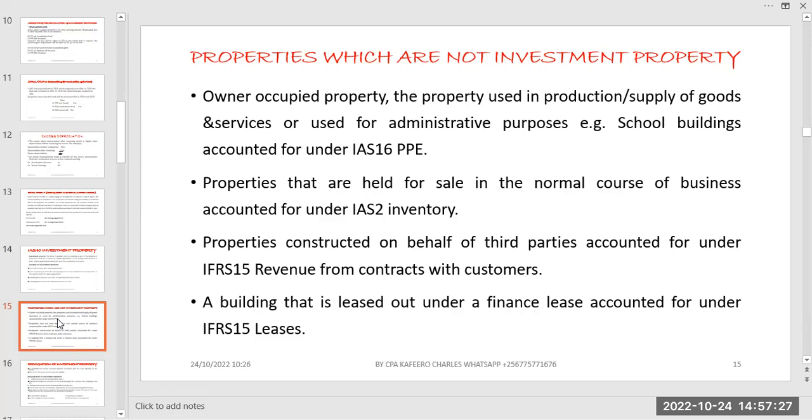We have owner-occupied properties. Owner-occupied property, we talked about them as they are under PPE. That is IAS 16. Because we said those are used for the administration of the organization or for the production or supply of goods and services.